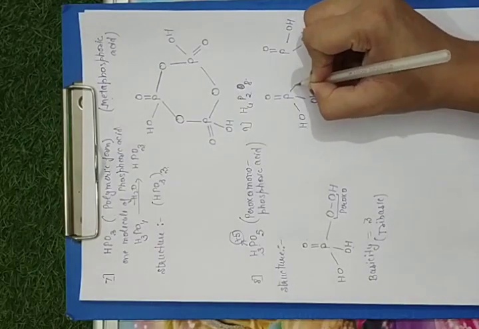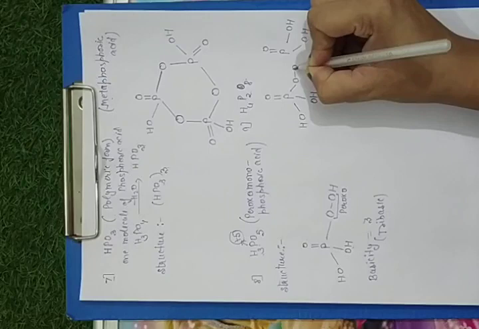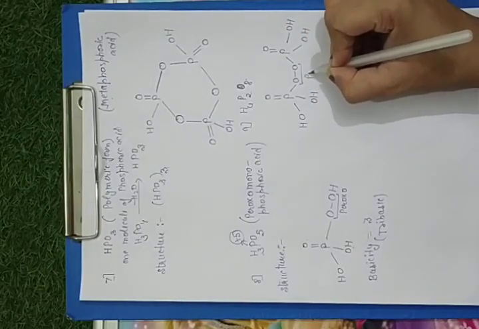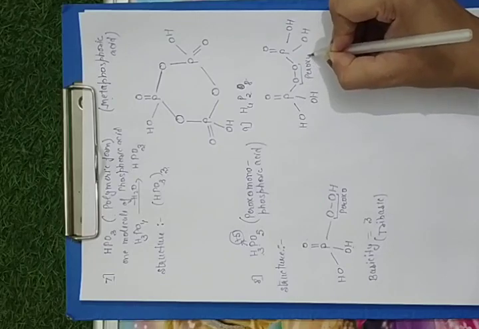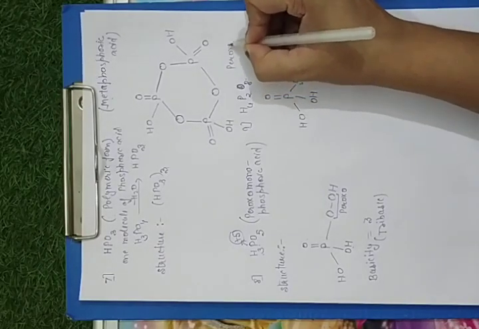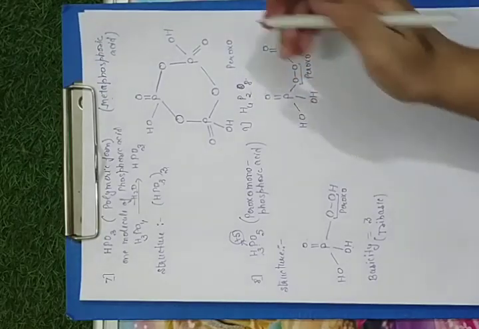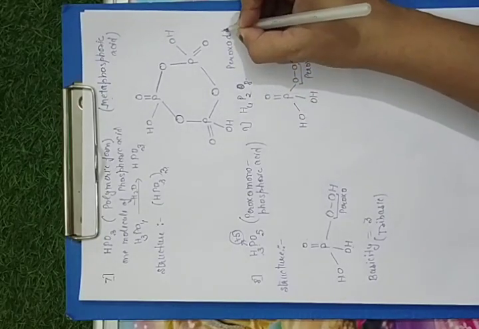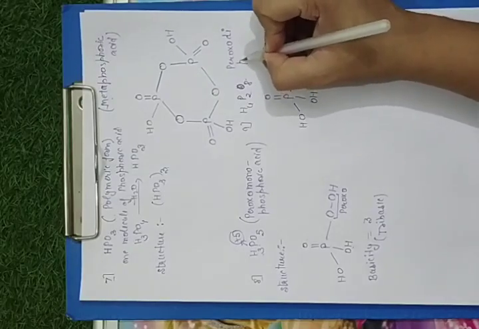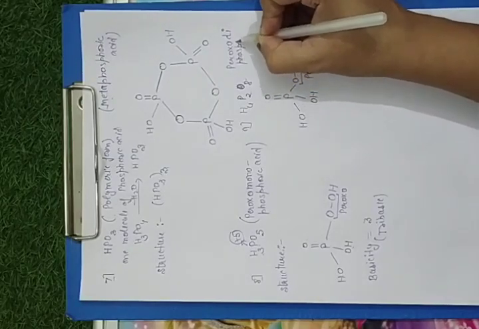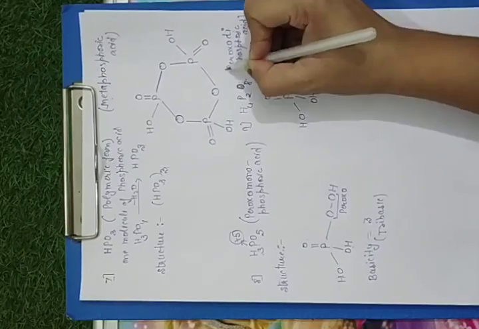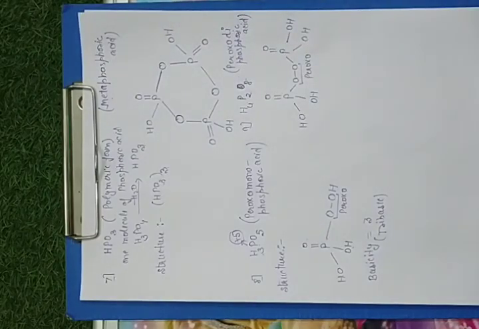So put these 2 oxygen atoms in between these 2 units. Again, this one is peroxo. So it is named peroxo, consisting of 2 units, then diphosphoric acid, peroxodiphosphoric acid.